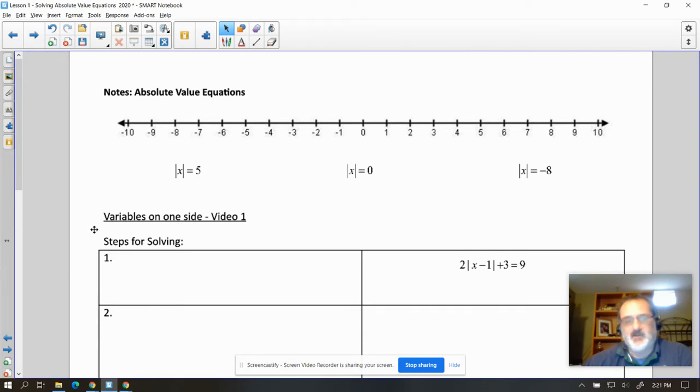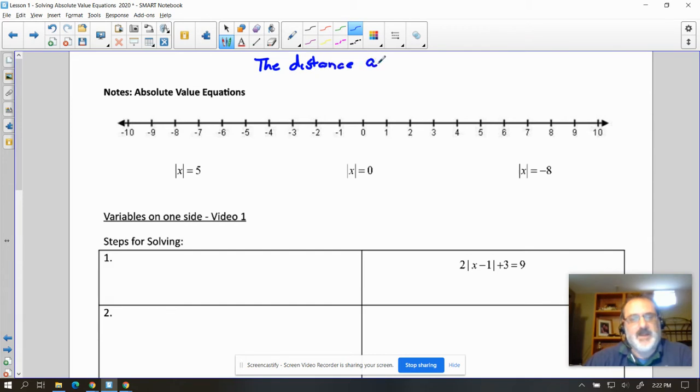So we're just taking a look at the definition of absolute value here. The definition of absolute value is the distance away from zero. If I want to solve these three equations, let's take a look at the distance away from zero.